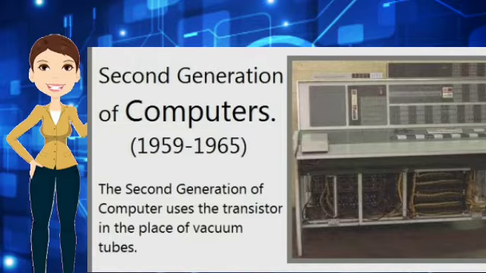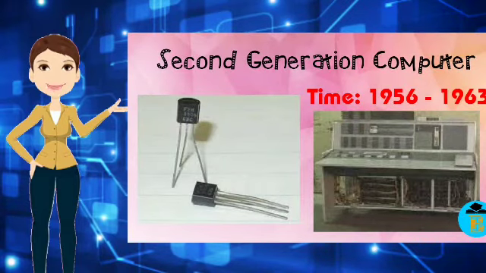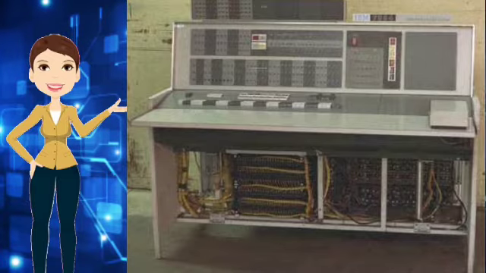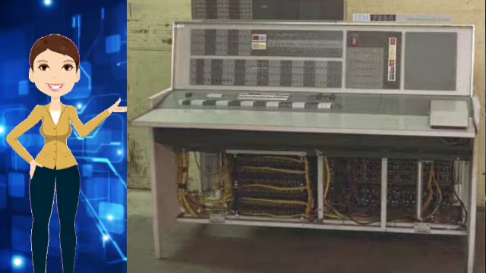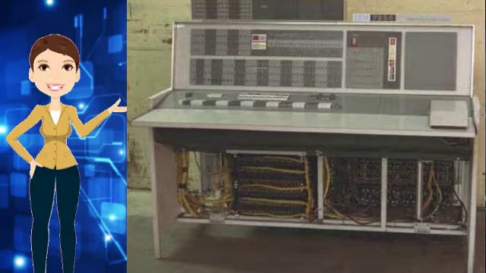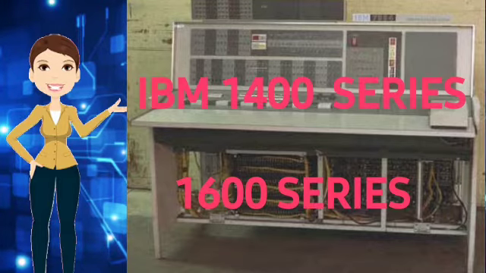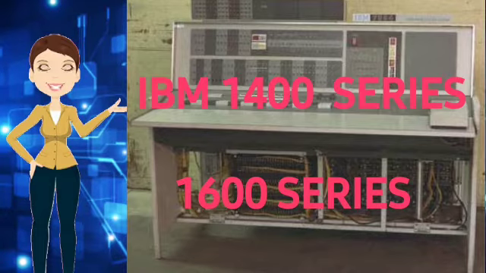Compared to the first generation's 1000 circuits, in the second generation we have 1 lakh circuits per square foot. The second generation is smaller in size than the first. The first generation is very slow in giving data, and the second generation is faster, so it is less expensive also. Examples are the IBM 1400 series and 1600 series, used in this second generation.